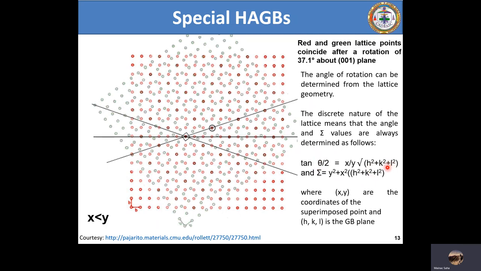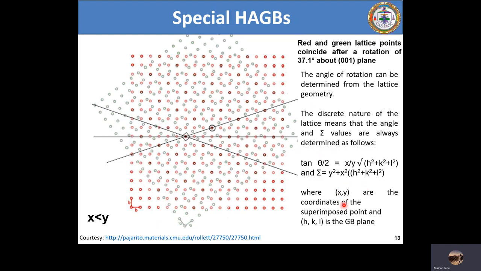In the absence of either of these values, if we know the value of sigma, then we can definitely find out the value of HKL, provided the theta value is known.